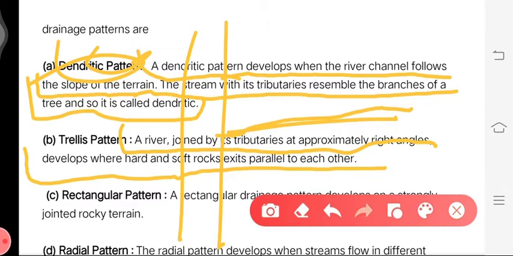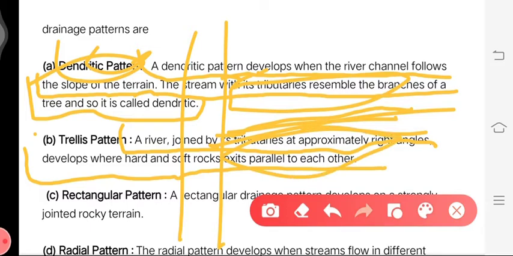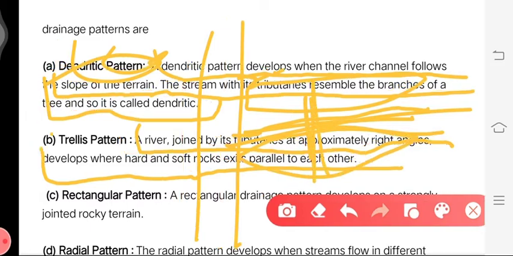This pattern is known as the trellis pattern, and it develops because hard rocks on one side and soft rocks on the other side exist parallel to each other.